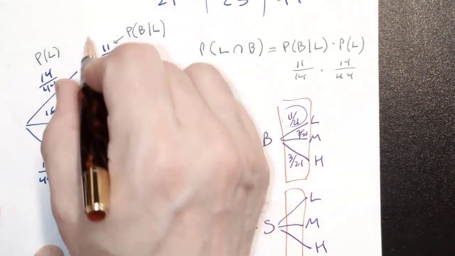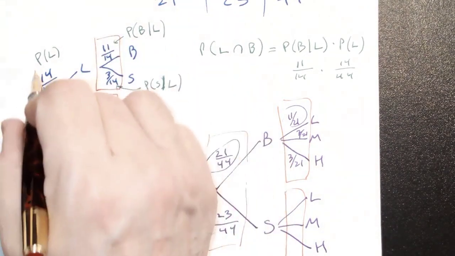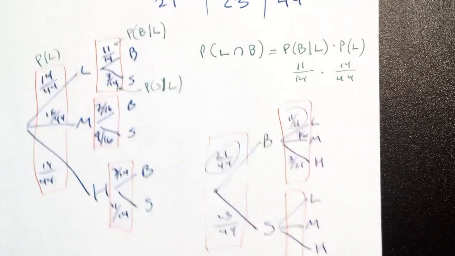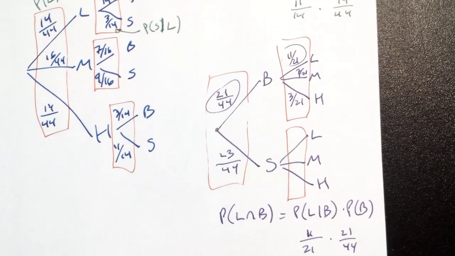These numbers add to 1. All the branches with a common root add to 1. Questions?